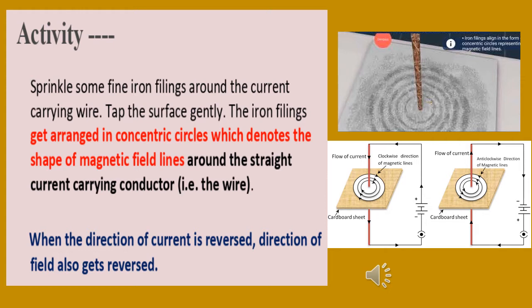If I now place the same magnetic needle on the cardboard, we will see the magnetic north pole will be deflected in opposite direction. So when the current was downwards, the magnetic needle was showing clockwise direction, and when the current is upwards, it was showing anti-clockwise direction. So one inference can be drawn that when the direction of current is reversed, the magnetic field direction is also reversed.